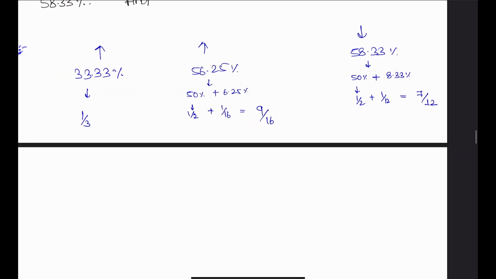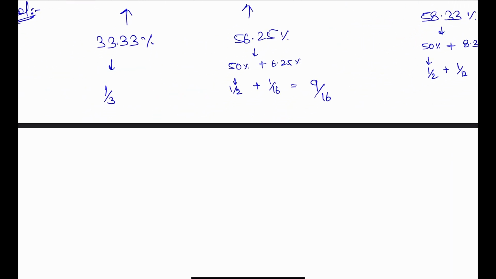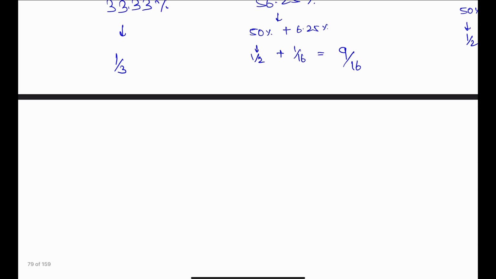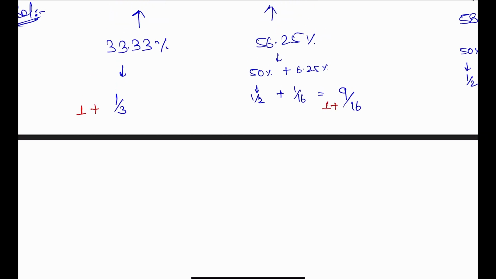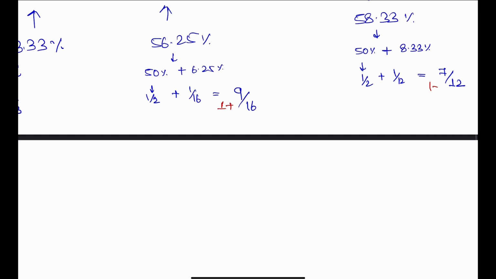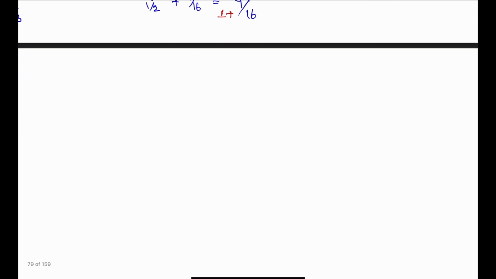Now the question is increase. So multiplying factor will be 1 plus here. Here also, because it's increasing, 1 plus. Because here it is decreasing, it will be 1 minus. So let's find out how much it will be.